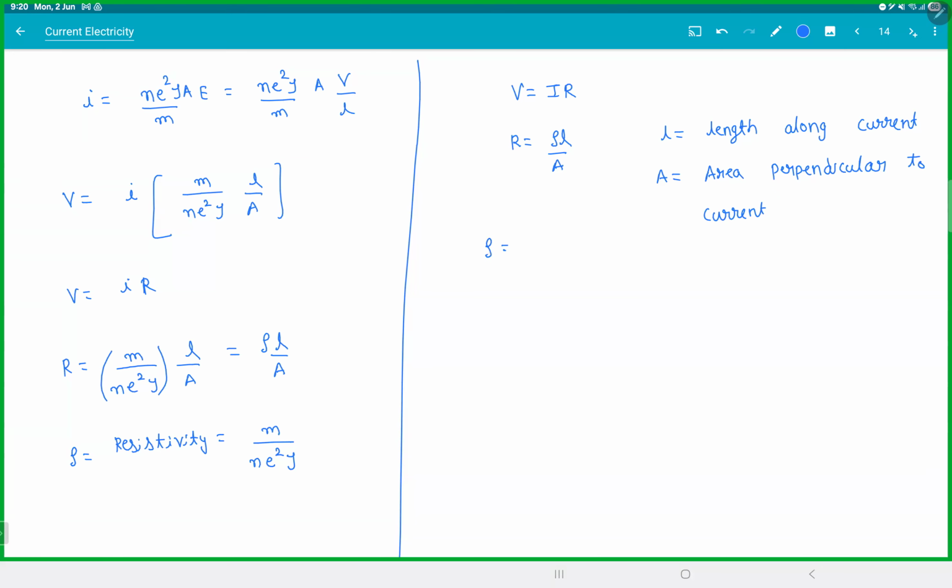Rho is the resistivity, which is m by n E square tau. This is also written as 1 by sigma. Sigma is called conductivity. These are the main formulas, everyone.